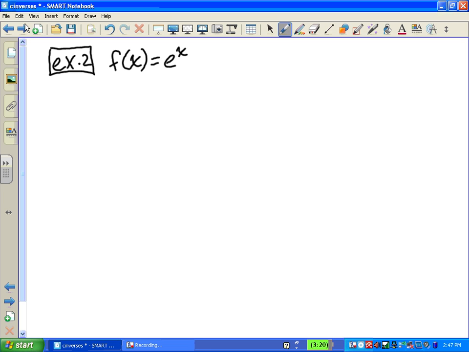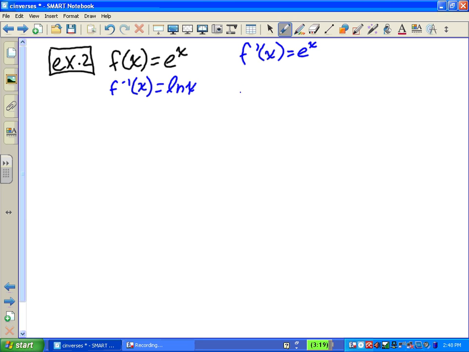Let's try another example, also familiar to us. So f of x equals e to the x. F prime of x also equals e to the x. F inverse of x is the natural log of x, or ln x.